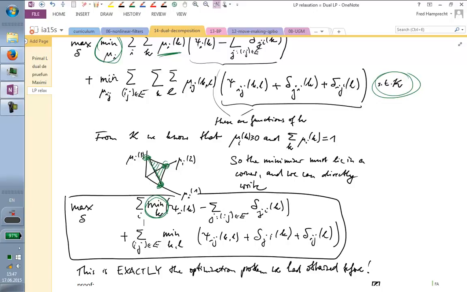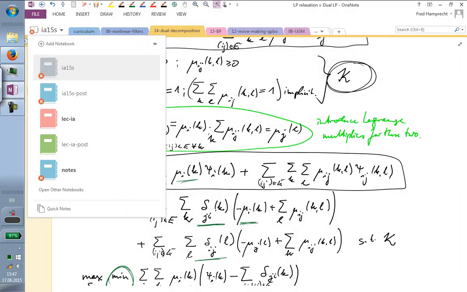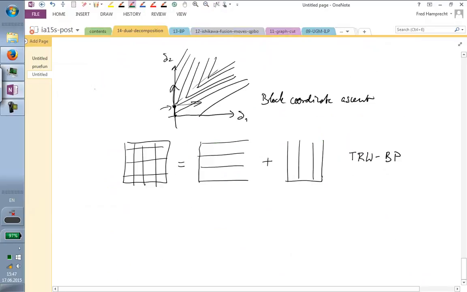Okay, so what do we want to remember here? The upshot is that the primal relaxation that we studied at the beginning of today, LP of psi, is equivalent to this dual LP.